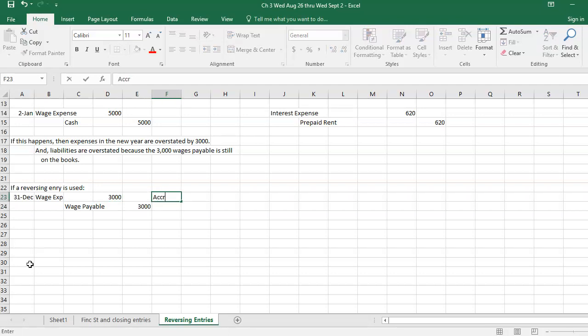All right, this is to accrue wages. You would close the books like normal, also on December 31st. All right, then on January 2nd of the new year, you would do wage payable and wage expense, and all this would be done before you send the books back to the client.